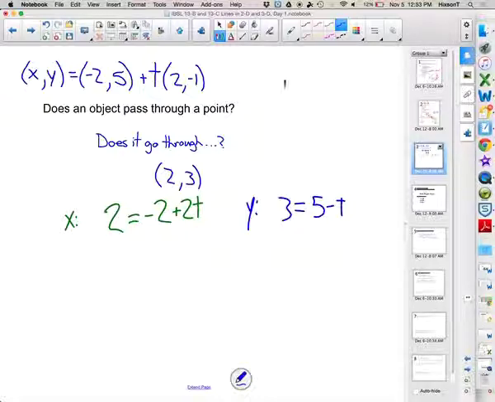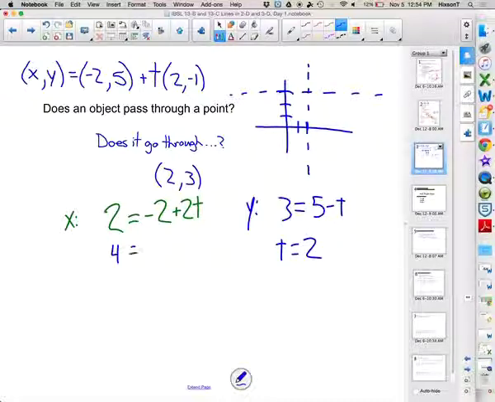So, you know, if we're graphing this, we know at some point x is going to equal 2. And we know at some point y is going to equal 3. But does that actually happen at the same moment? Yes. All right? And if you solve this, t would equal 2 here. You add that, that's 4 equals 2t. t equals 2 there as well.